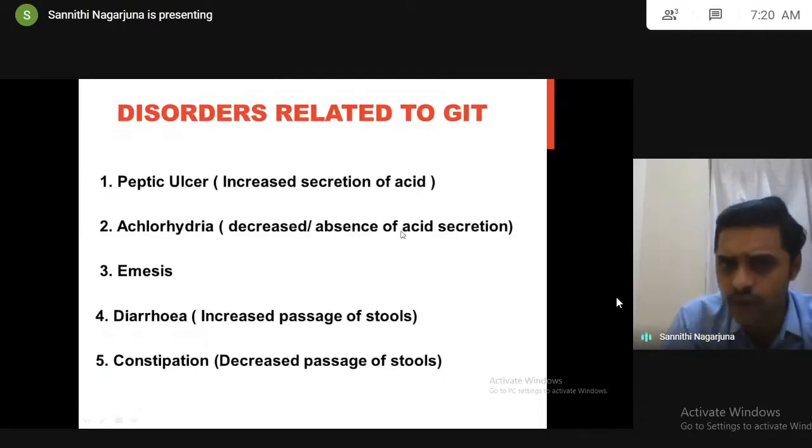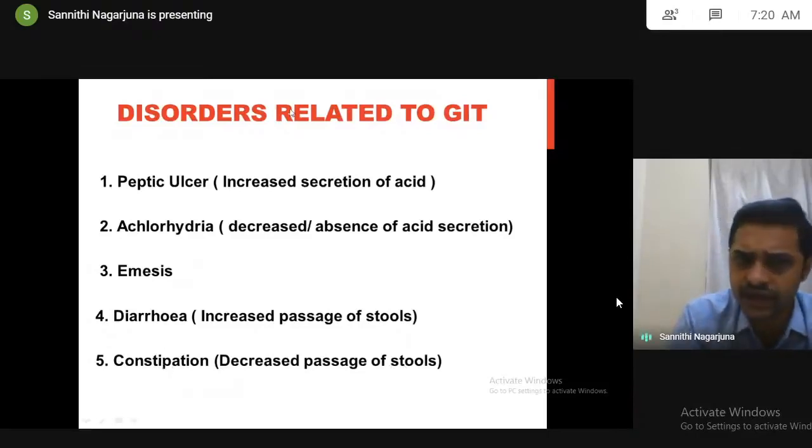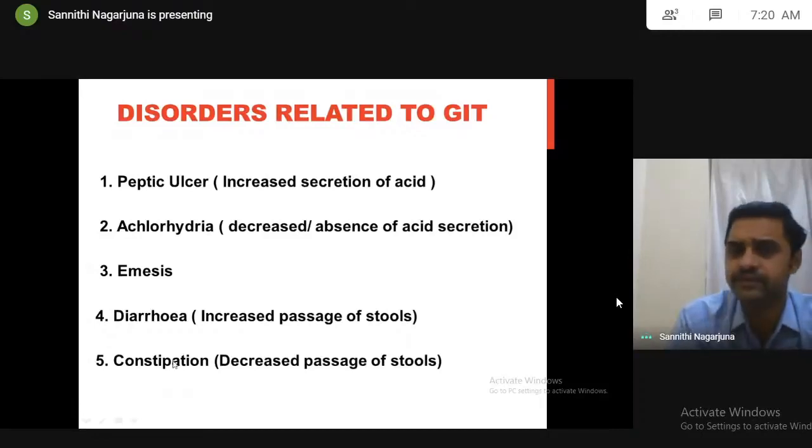Decreased or absent acid secretion is called achlorhydria. Same, the large intestine is the area for elimination through stools. Excessive passage of stools is called diarrhea. Decreased passage of stools is called constipation. And another disorder related to the GIT is emesis, vomiting. Clear? So these are all the disorders of the GIT.